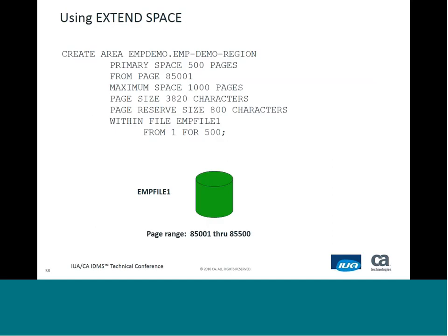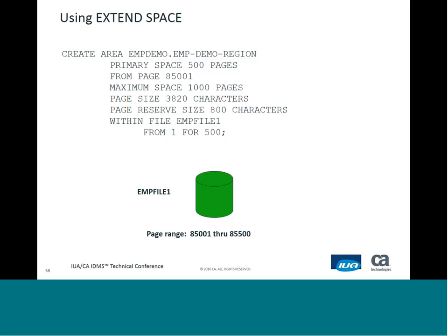So here is an example of doing the extend space. Here we have the original area. It maps to one file, the EMP-demo region. We specify a primary space of 500 pages. To be able to do an extend space, the maximum space must also have more pages than the primary space. Now, if you have not specified that, or maybe you said the maximum space is 500 pages when you originally defined this area, that's not a problem.